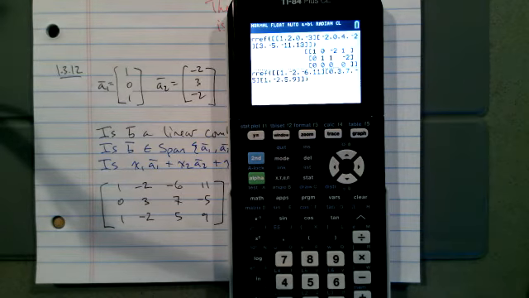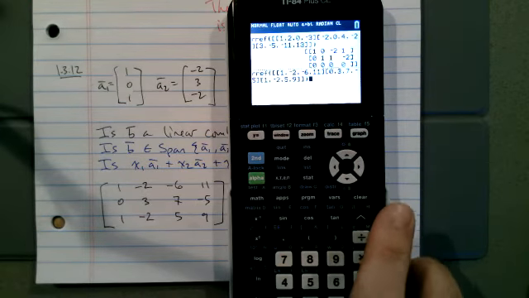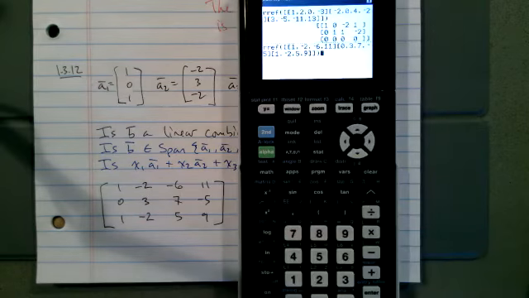Did I write everything down correctly? Let's see, 1, negative 2, negative 6, 11, 0, 3, 7, negative 5, 1, negative 2, 5, 9. I'm going to check it against 1, negative 2, negative 6, 11, 0, 3, 7, negative 5, 1, negative 2, 5, 9.